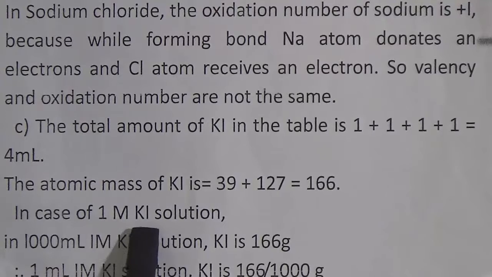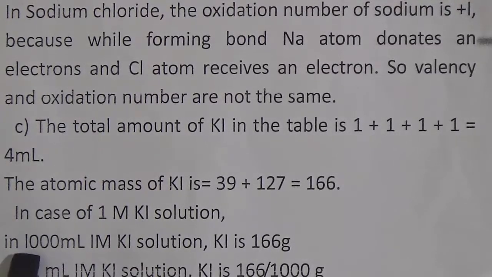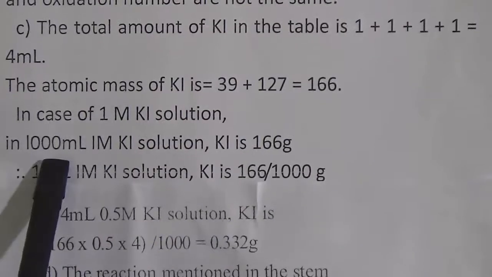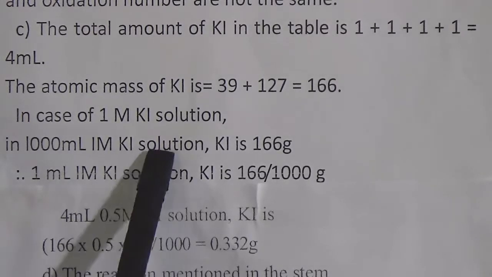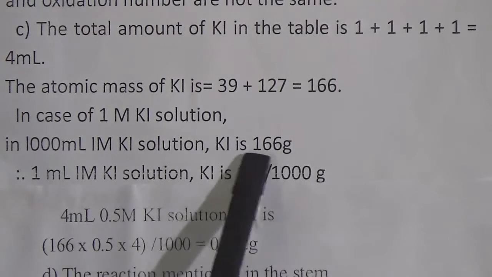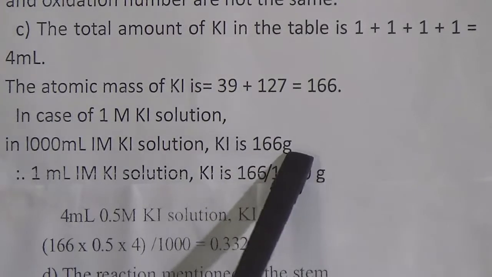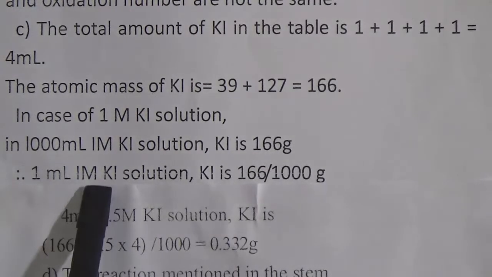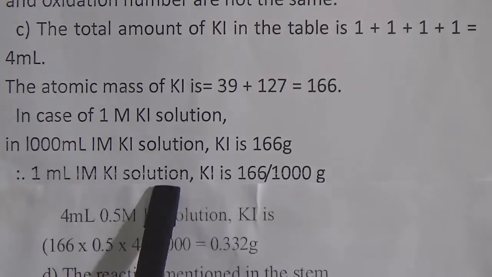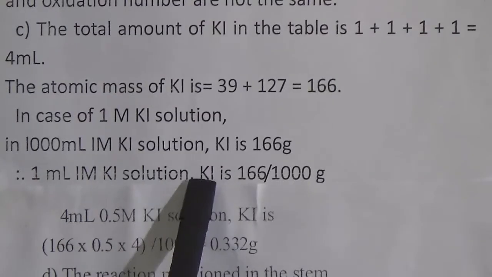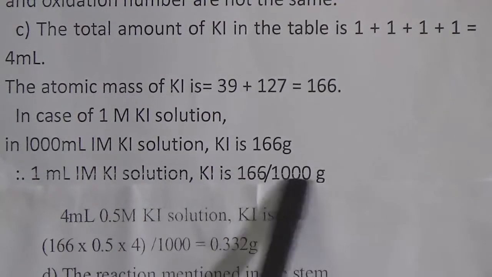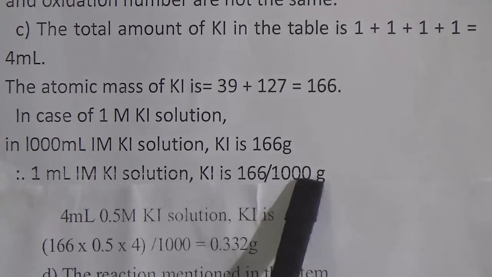In the case of 1 mole, in 1000 ml of 1 molar potassium iodide solution, potassium iodide is 166 grams. So 1 ml of 1 molar potassium iodide solution contains 166 divided by 1000 gram.